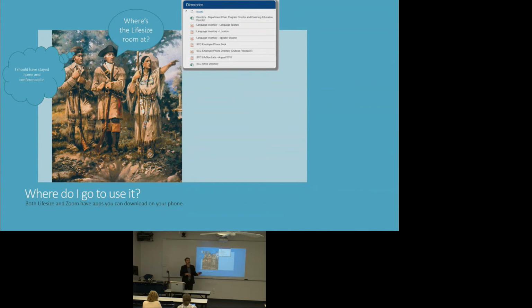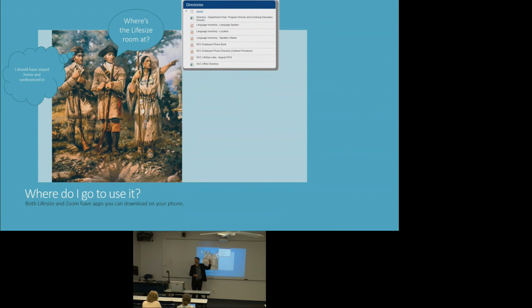Now there's some back-end stuff that is a little bit different. Where your recording ends up is one of the main differences. Lifesize has a web page that you would gain access to once you've signed up for your account. And you would see a list of all your videos, kind of like a YouTube page of your channel.